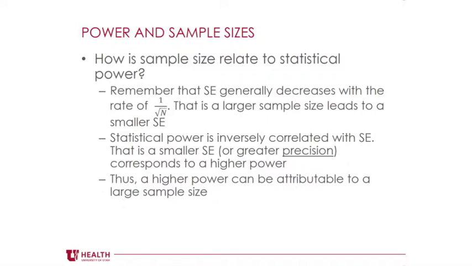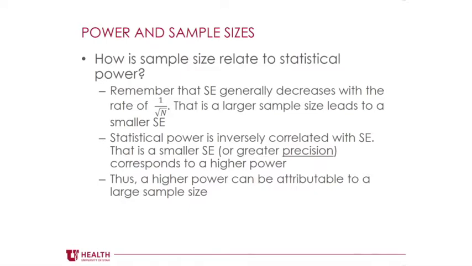First of all, remember, in the previous block of this lecture, we talked about how the standard error generally decreases at the rate of 1 over the square root of n. That is, a large sample size leads to a smaller standard error. And statistical power is inversely correlated with the standard error.